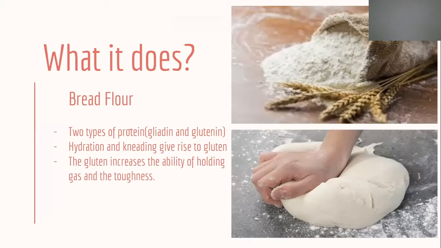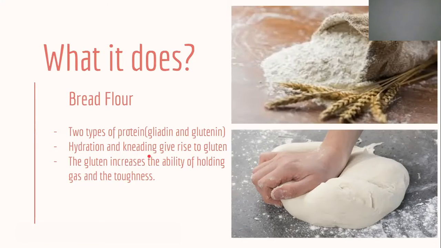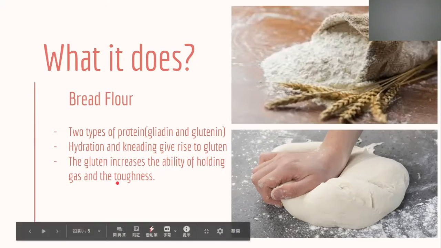So these two types of protein will be hydrated to form the gluten. Also, the kneading is also necessary because it can help to form the gluten, and the gluten can increase the ability of holding gas and the toughness of the dough.